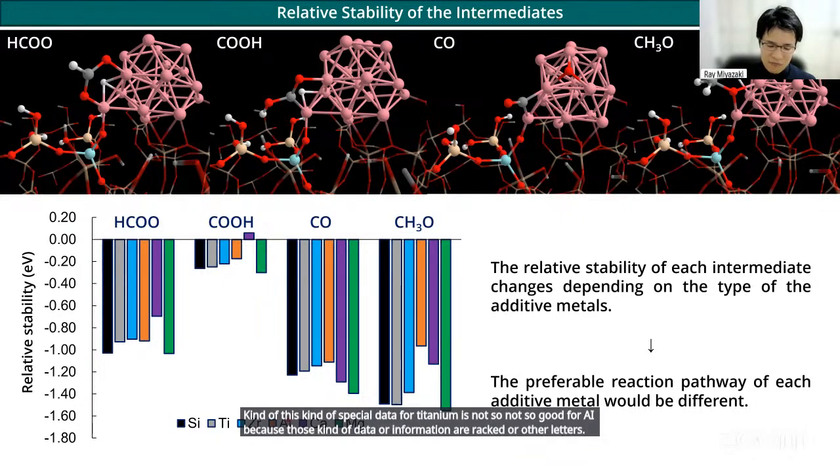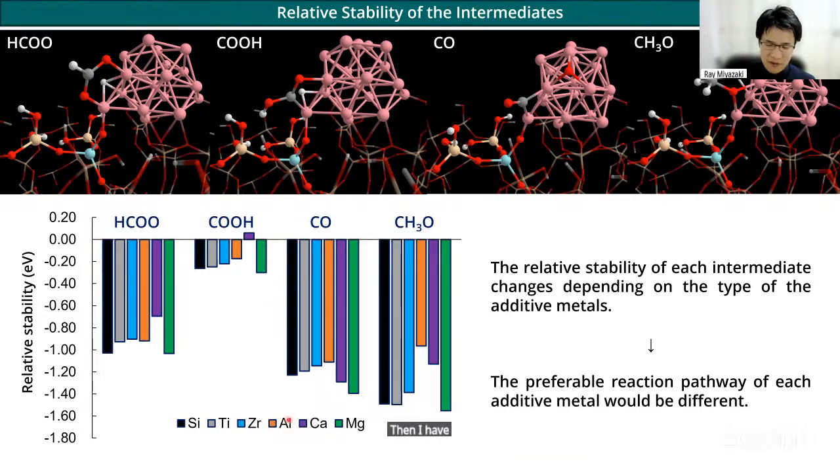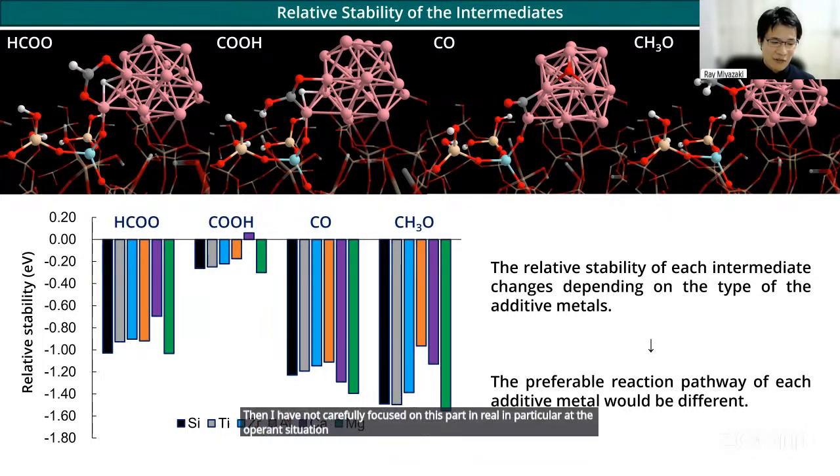So I have not carefully focused on this part, but in particular in the operando situation, probably this kind of oxygen defect formation and, for example, stabilizing the metal-oxo species at the defect would possibly happen.